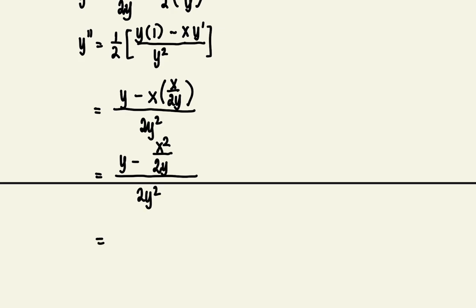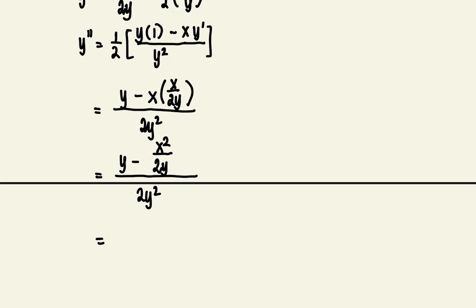And so to simplify the complex fraction, you have two options right here. It's either you find the LCD here, that's 2y, and then perform the simplifying process, or you can just multiply both the numerator and the denominator with this LCD, which is 2y, and multiply it to each of the terms here.